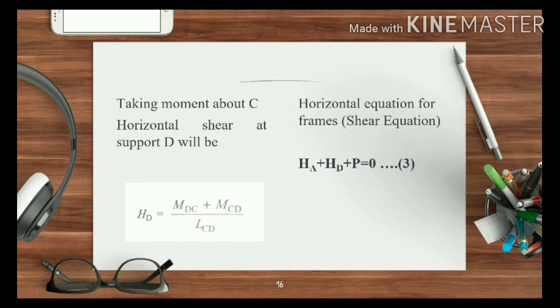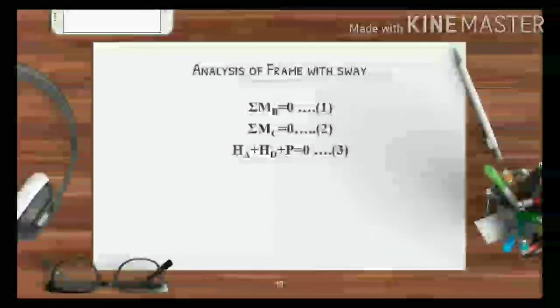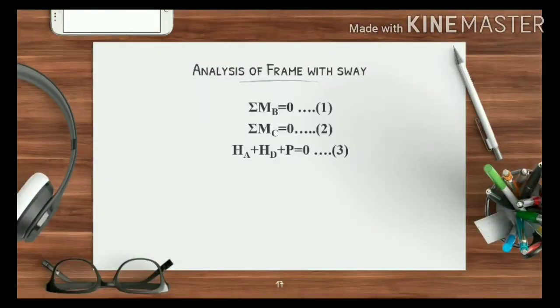So we get three equations: sigma MB equal to 0, sigma MC equal to 0, and the shear equation HA plus HD plus P equal to 0. By solving these three equations, we get the values of theta B, theta C and delta. So this is the analysis of frame with sway.